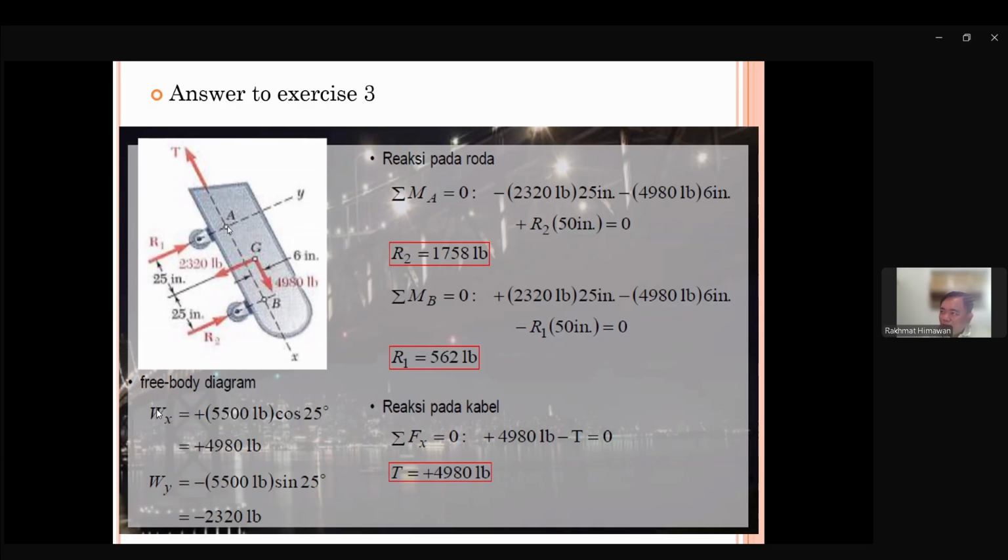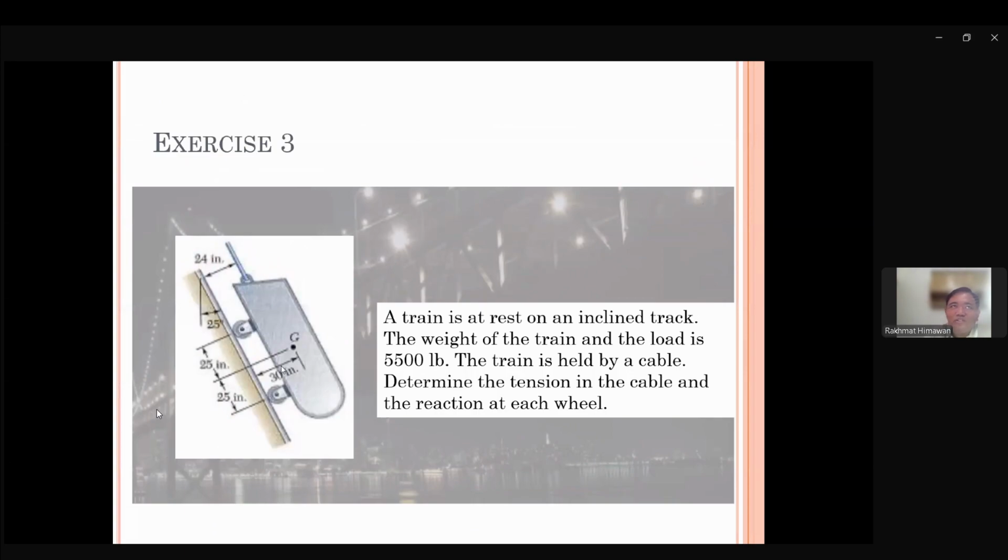And also why in point A and B? Because this T line is also getting passed by this R1 and R2. So we need to make a new line as the center of coordinate, x coordinate in this case, that connects all those R and T. So one of the most crucial things is to find out where should I put my coordinate.